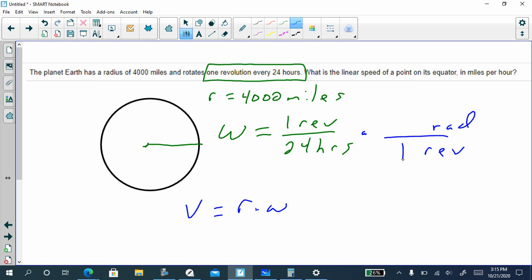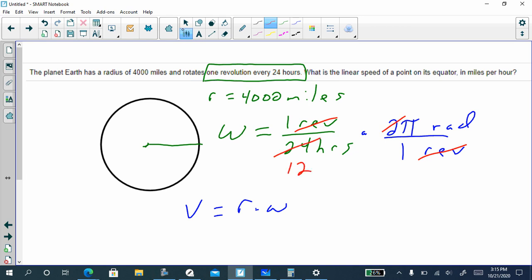How many radians all the way around a circle? Well, if we go all the way around, we've traveled 2 pi radians. So 1 complete rotation or 1 complete revolution is 2 pi radians, also 360 degrees. So revolutions cancel. We could reduce this with a 24.